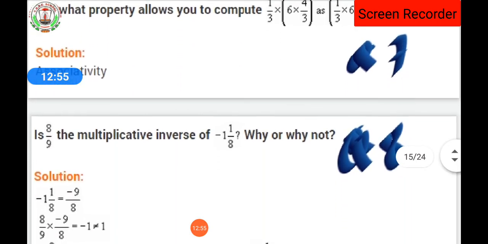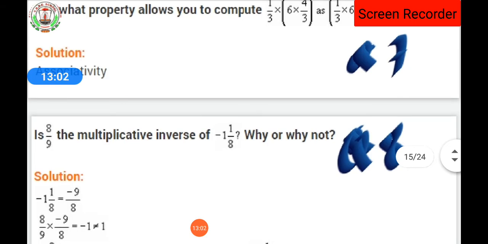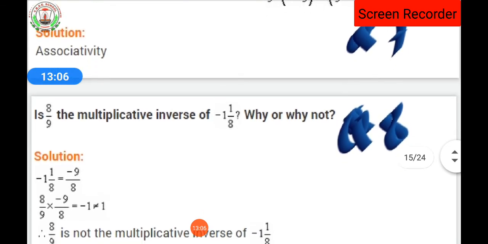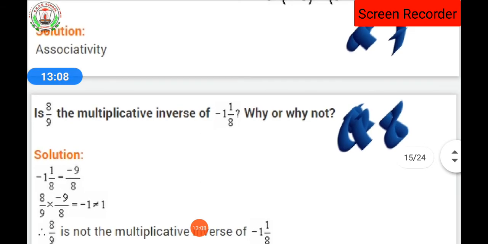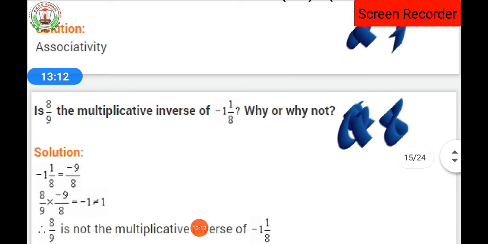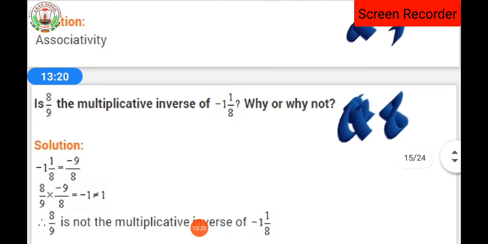Now what is the question number? Next, 8th question. Is 8 upon 9 the multiplicative inverse of minus 1 upon 8? Why or why not? Here you have to tell if it is yes or no, and give the reason. Okay, so here 8 upon 9 and minus 1 by 8, which is equal to minus 9 upon 8.